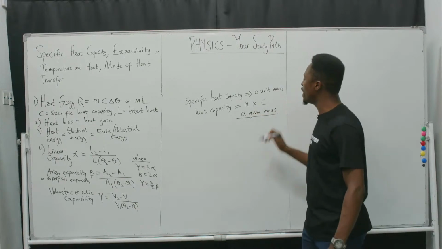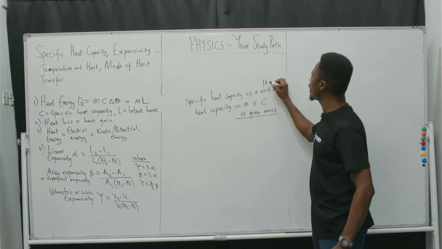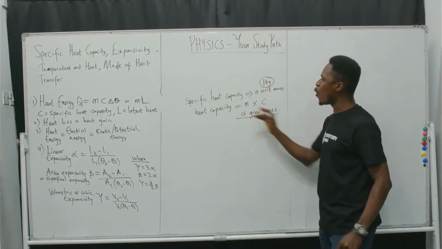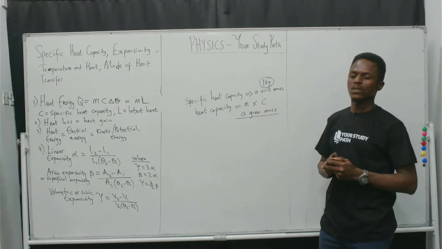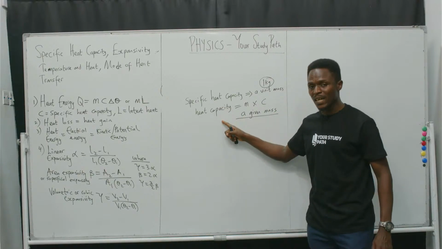The mass can be any value, but when you are making reference to specific heat capacity, you are talking about 1 kg, just 1 unit of the mass of the substance. When you are raising the temperature of a given mass, you are making reference to heat capacity.